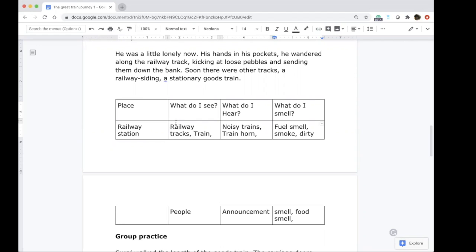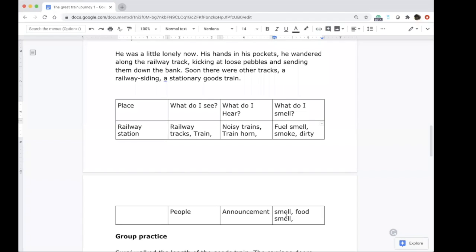For example, I see railway tracks in the railway station, I see train in the railway station, I see people in the railway station. I hear noisy trains, I hear train horn, I hear announcements in the railway station.